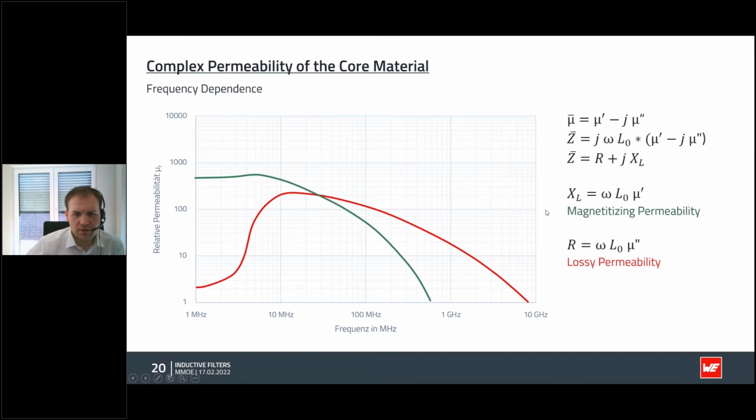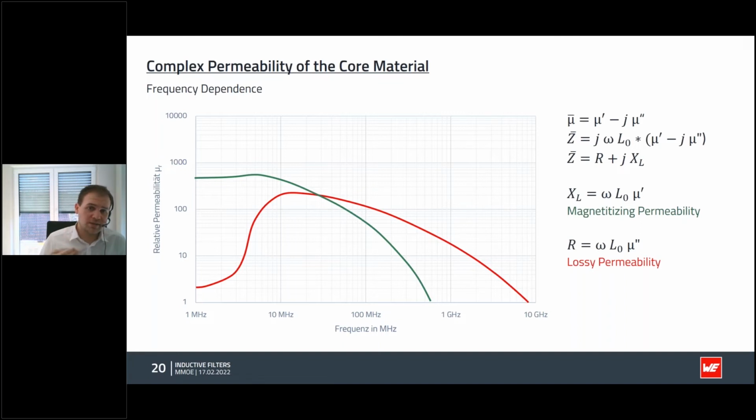Here we have two different curves for the magnetizing permeability. So for the one that makes our XL, as you can see, for the low frequencies, this XL or the mu1 will be dominant. So for low frequencies, it's easy to put energy into the inductor and get all of the energy out.